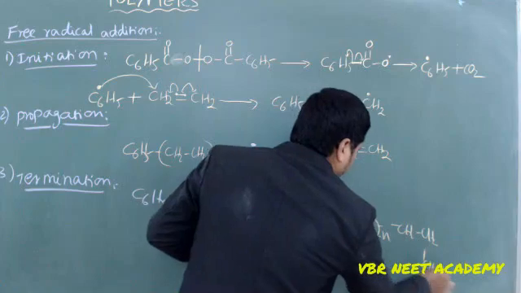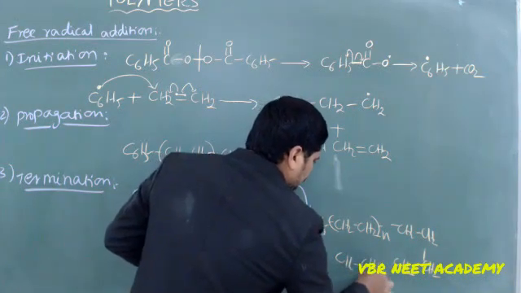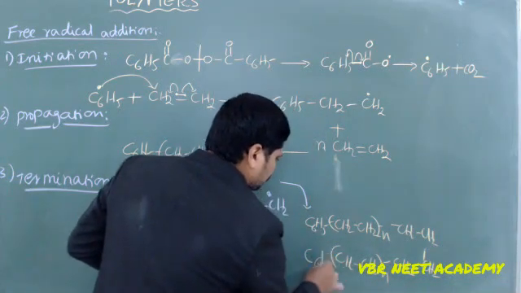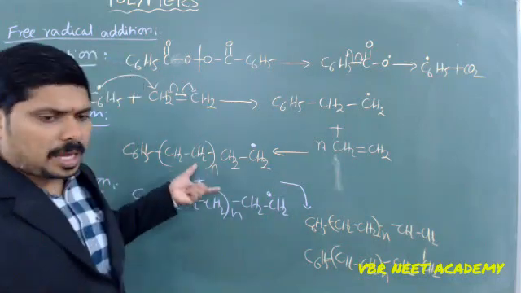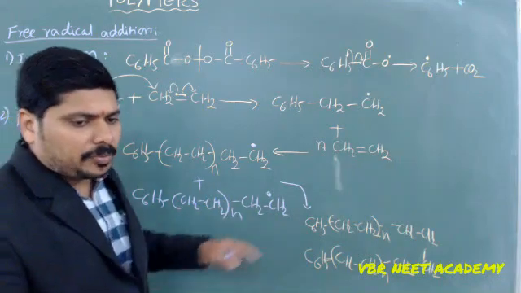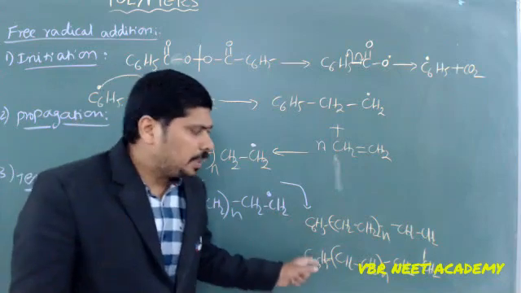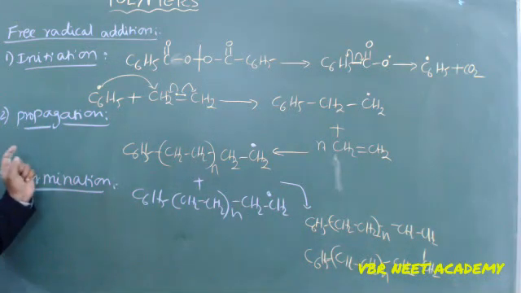Here they are going to form the bond. Two such chains are going to get combined and the free radical is going to be taken out from the reaction mixture. So that is going to be a termination step for your free radical addition polymerization.